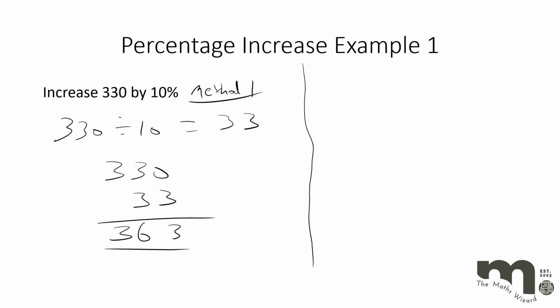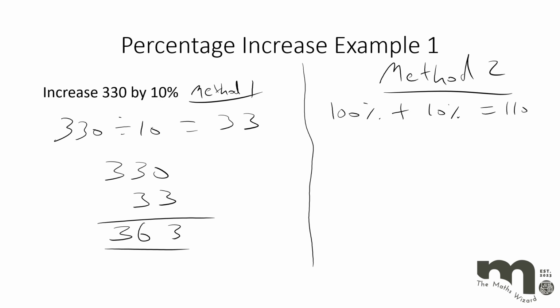Now it is quite useful to learn how to use multipliers when you calculate percentage increase. The way that you do that is this. If you've got 100% and you're adding on 10%, this new amount, that 363 we've got down here, is 110%.